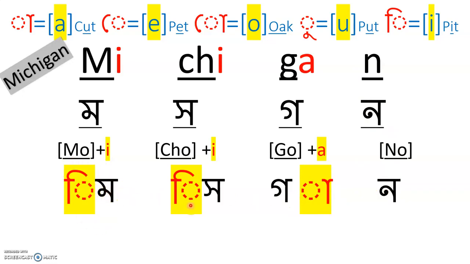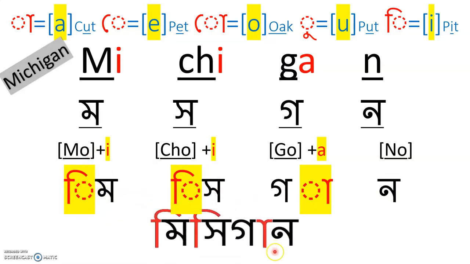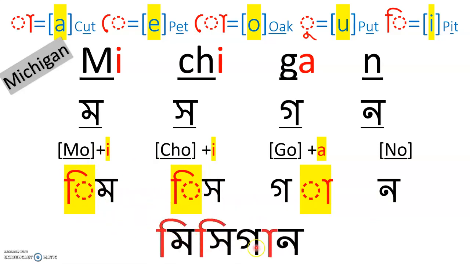So Me, She, Ga, No. Remove all this dotted circle, and you have Me, She, Ga, No. Red colored is your sounds, and then you have the letter. Alright, hopefully it helps. If any question, leave a comment below. Thank you.